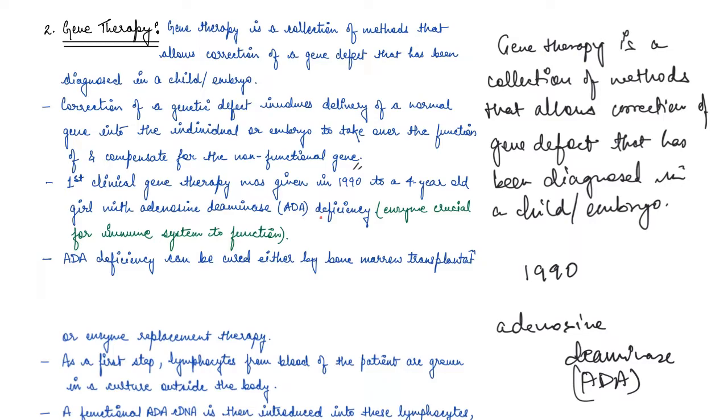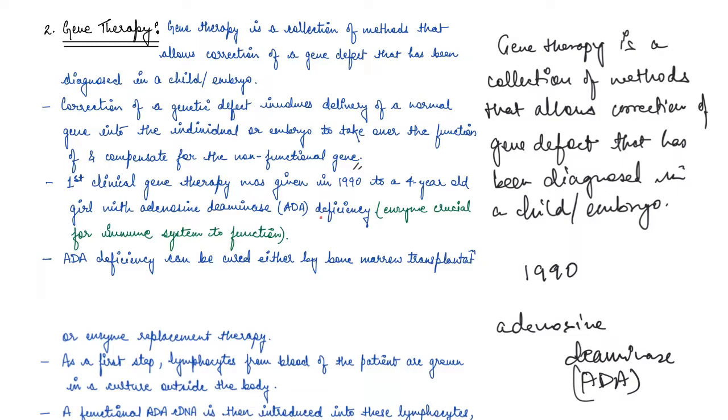Then a functional ADA copy of DNA is introduced into those cultured lymphocytes, and these were subsequently introduced back into the patient. Since these cells are not immortal, they have a life cycle, so the patient requires periodic infusion of such genetically engineered lymphocytes.